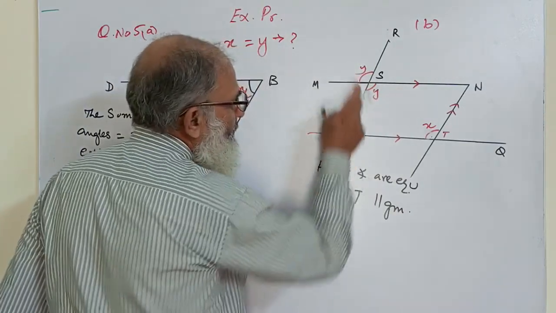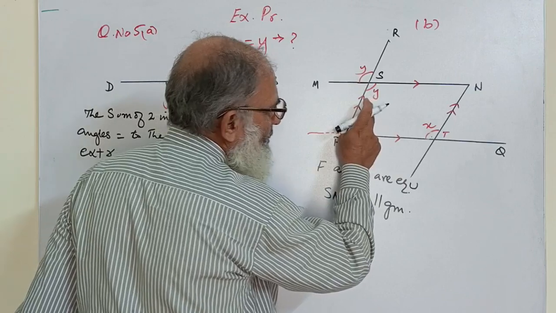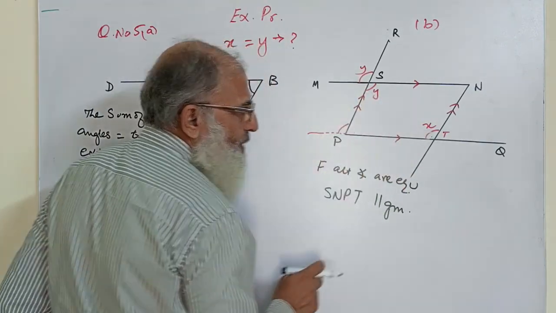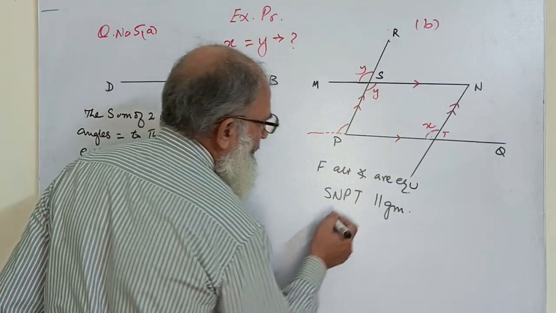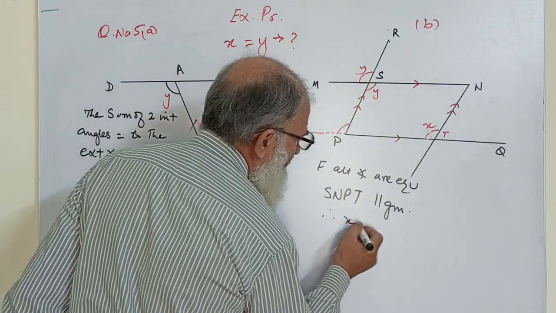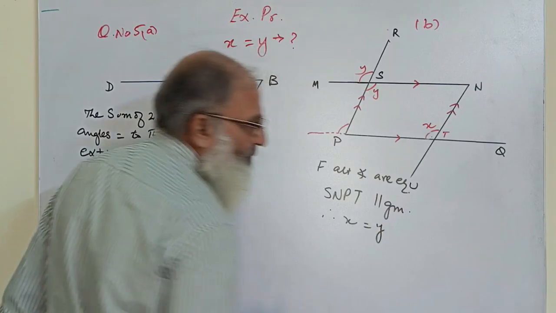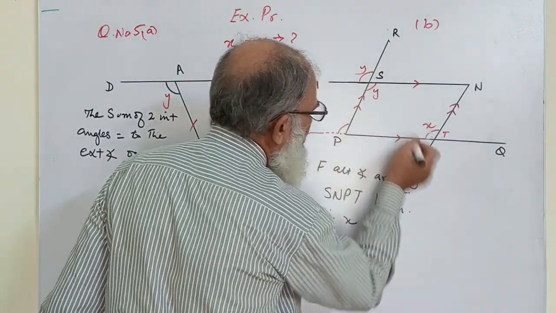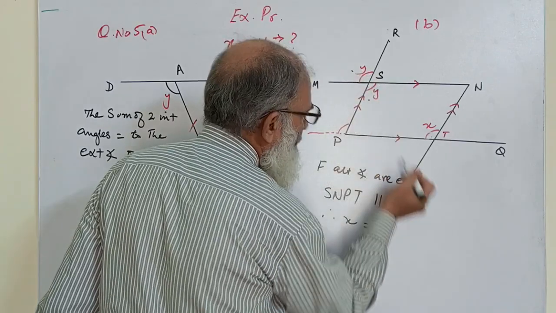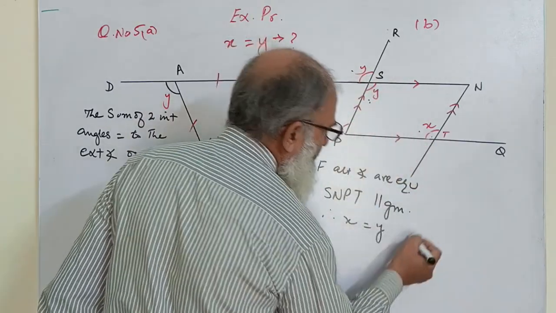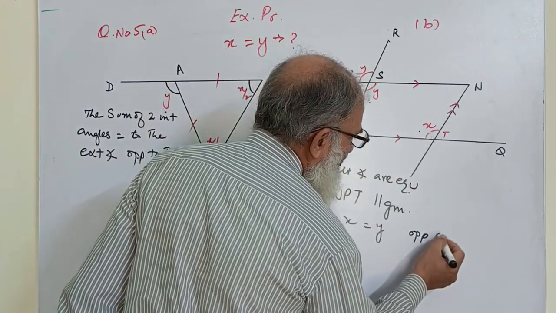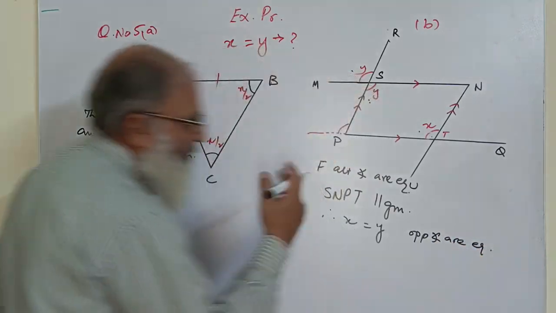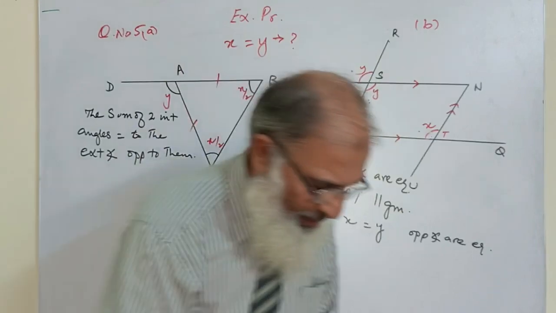So vertically opposite angles are all equal and the angles opposite to each other are also equal. So therefore x is equal to y. Here it is vertically opposite, here it is vertically opposite, and here the opposite angles are equal. There are two reasons I have told you now. Whatsoever you want to write, you can write.